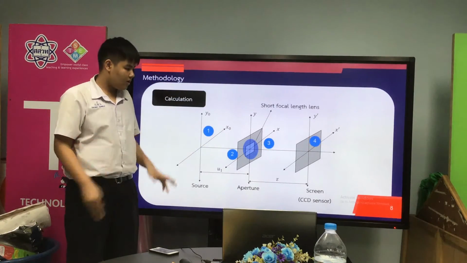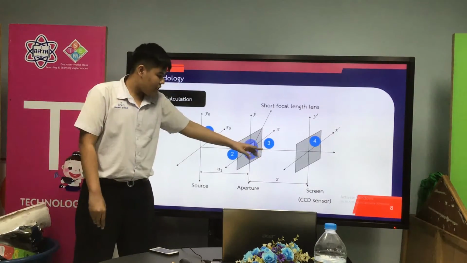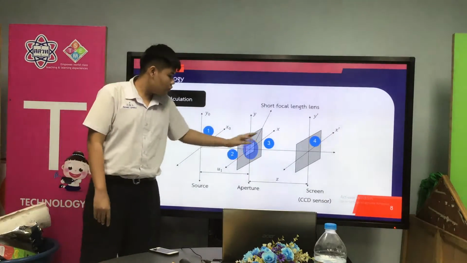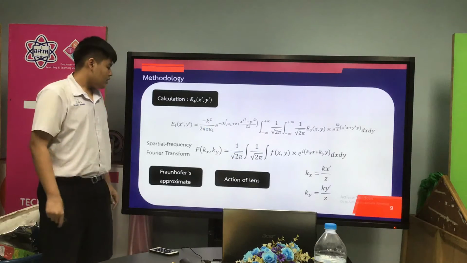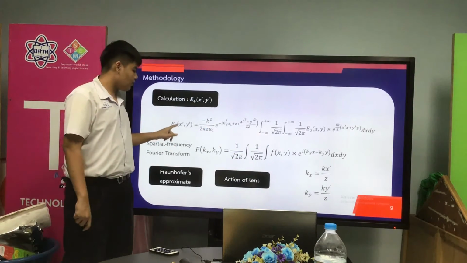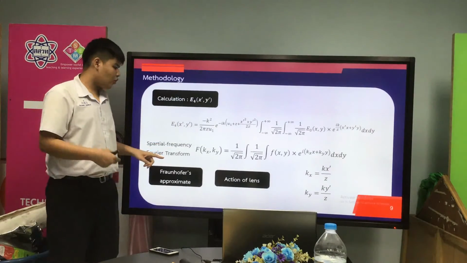For the electromagnetic field, there are 4 points that I consider, and in point 4 we can observe in the screen or the CCD sensor that we can calculate step by step from 1, 2, 3, and 4. In this term, we show the E4, or the electromagnetic field at point 4 in the x prime y prime coordinate.